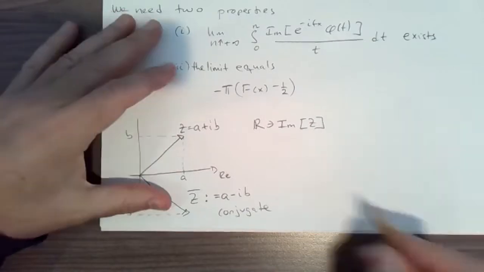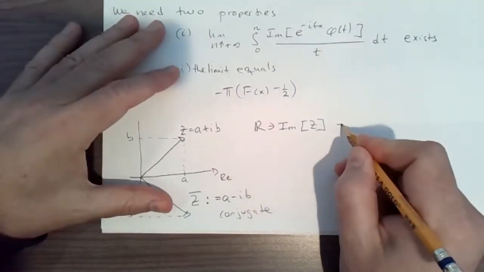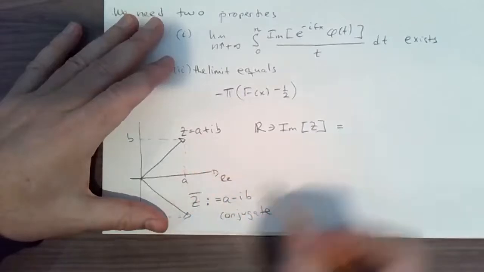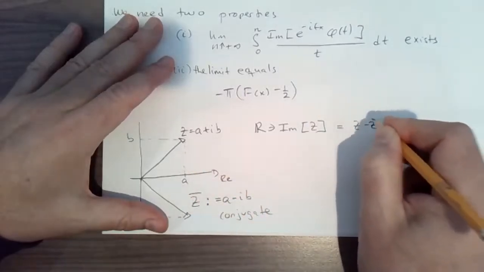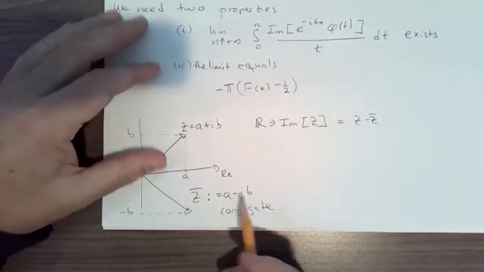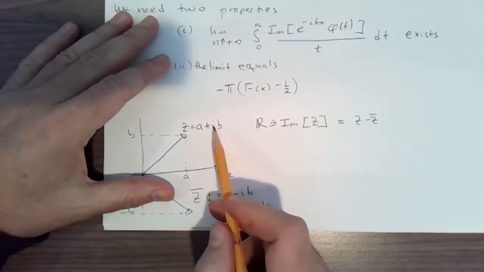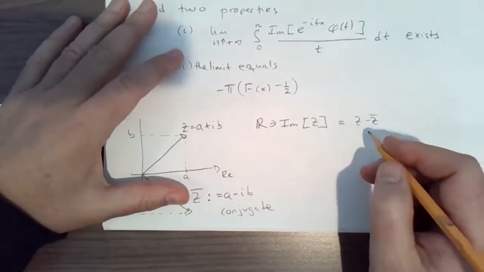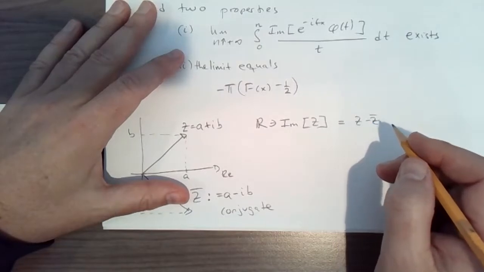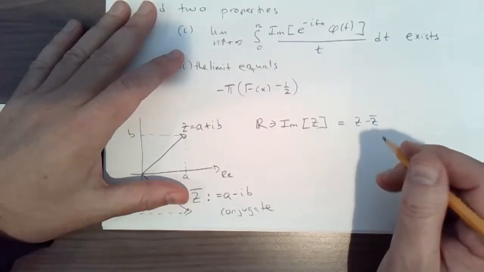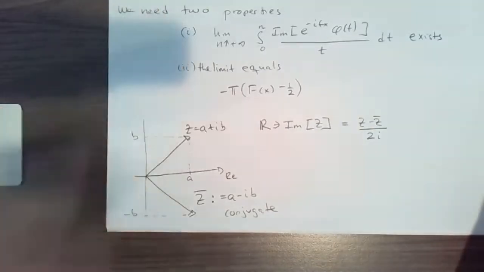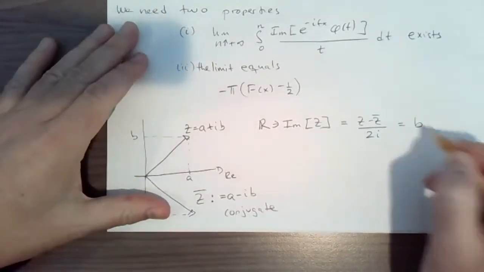If I take the difference, z minus z bar, this will be 2ib. And I just want to get b, so if I divide by 2i, this should give me b.